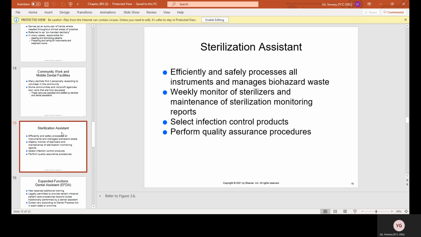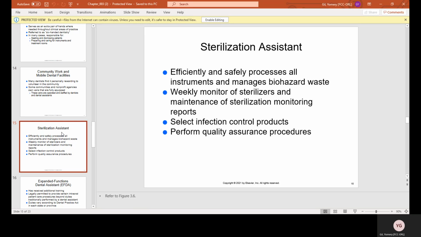The sterilization assistant efficiently and safely processes all instruments and manages biohazard waste. So they have to make sure the instruments are cleaned properly, they are sterilized properly, and that the autoclaves are in good working condition. The autoclave is the machine that sterilizes the instruments.